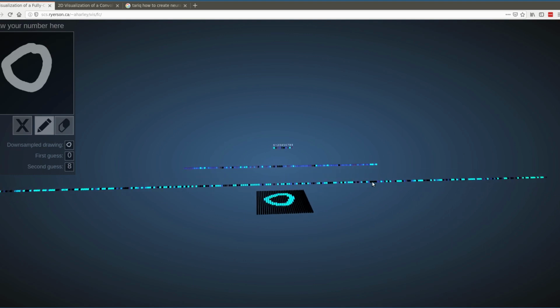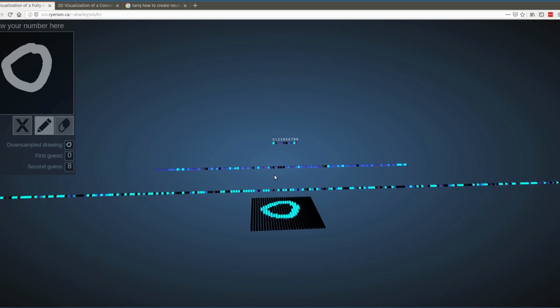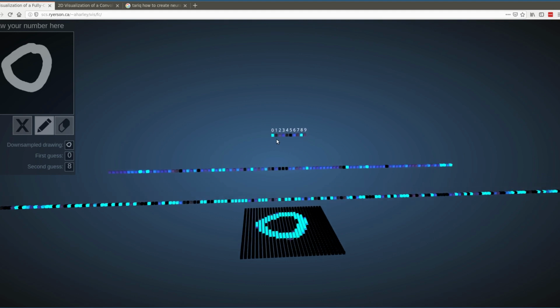This pattern makes these neurons more active and less active, and these neurons make those neurons more and less active. Now I can say that the more active these neurons are, the more likely it is that they are the answer to the question of this image.